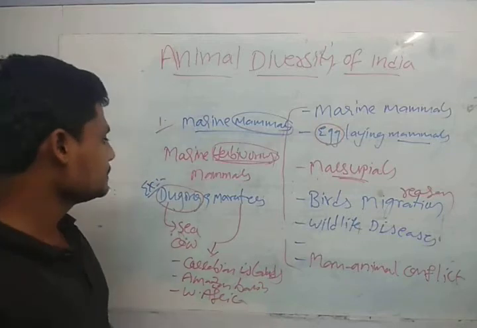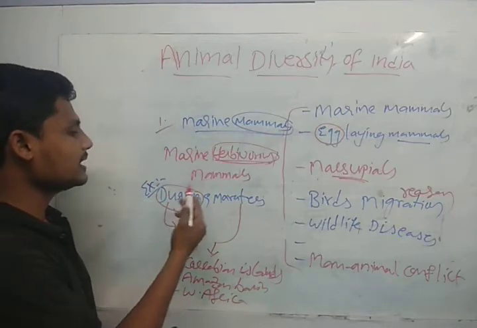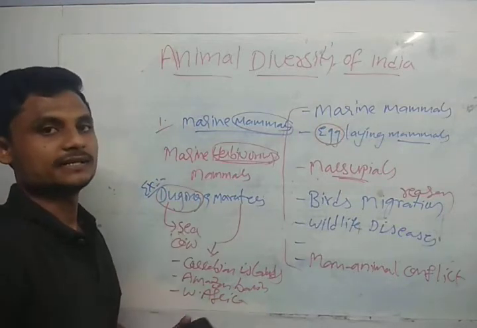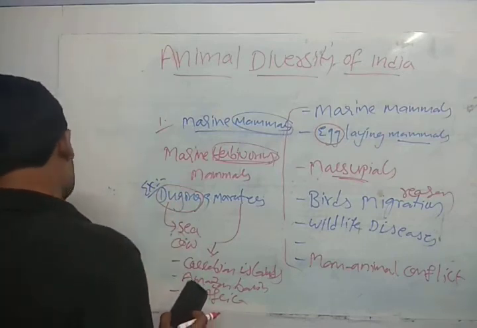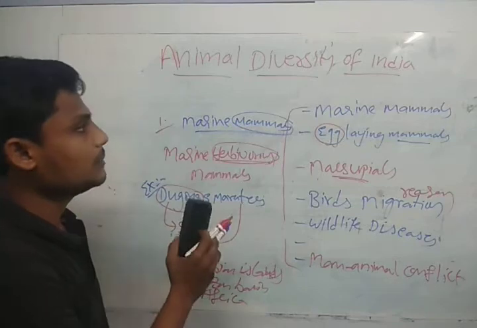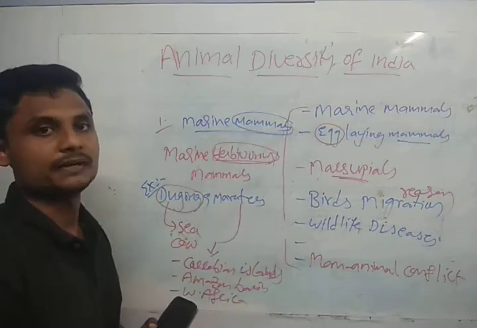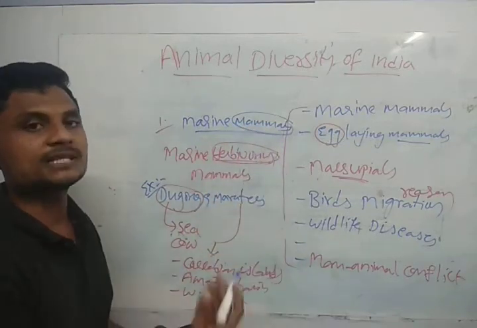So these are the places where the dugong and the manatees are present. This is about the marine herbivorous mammals, guys. So this is about the marine mammals topic, guys. These are simple concept topics, guys.